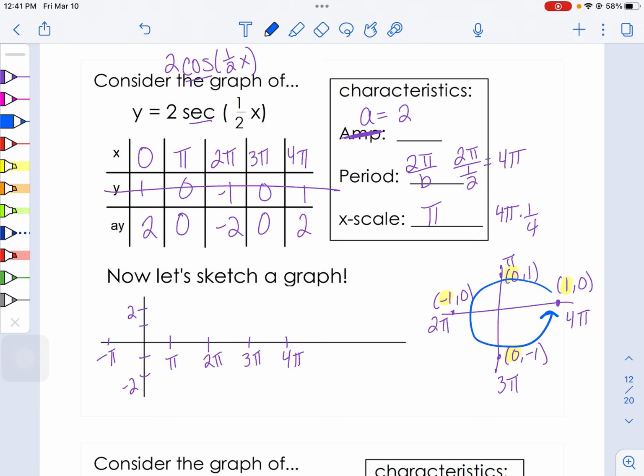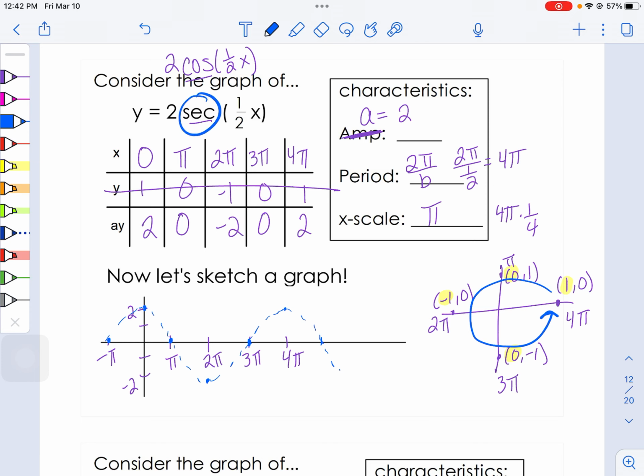So I'm going to graph 0 at 2, then pi at 0, 2 pi at negative 2, 3 pi at 0, and 4 pi at 2. I'm going to leave this just as a dashed line, and at 4 pi I was back up to 2. And then technically it would continue on and so forth.